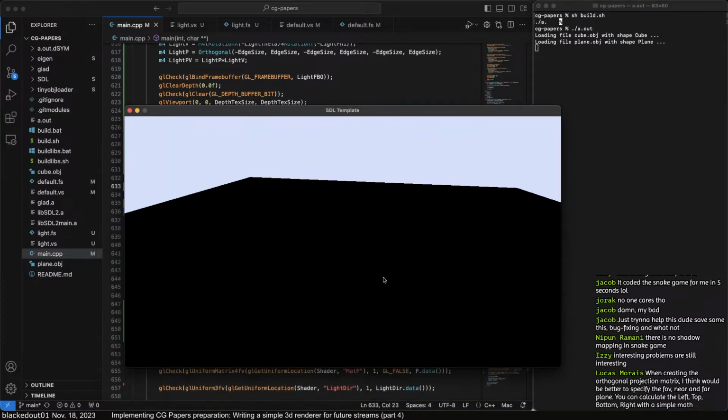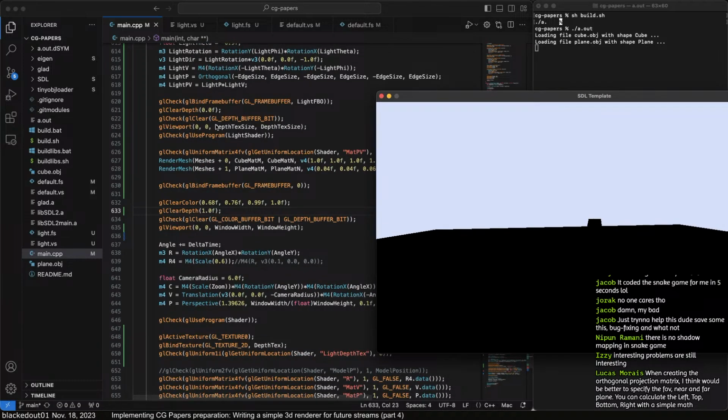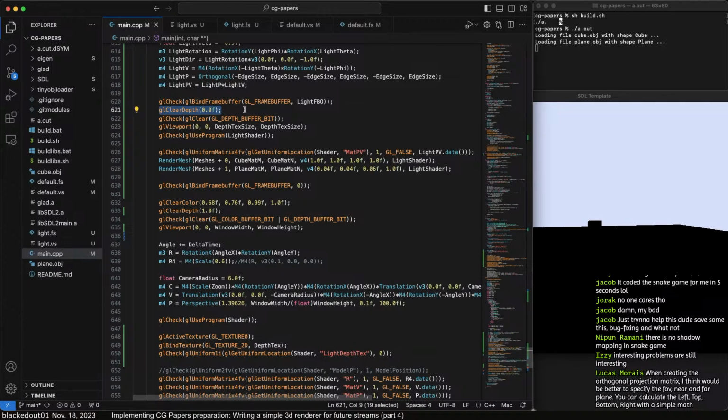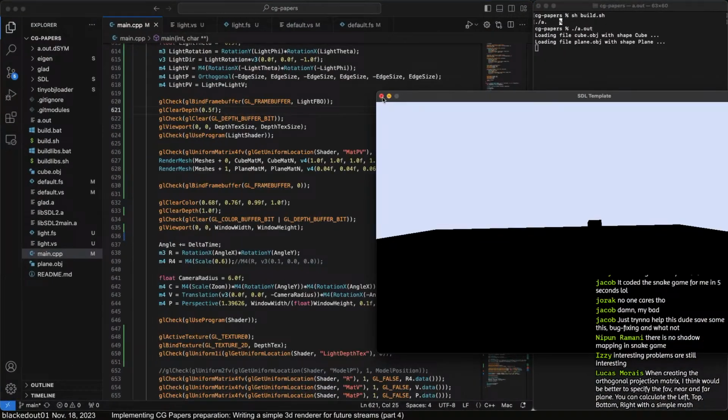Yeah, okay, so the sampling itself seems to work because, well, if I clear this with 0, then we also see 0. So the texture sampling works. Maybe I can also check 0.5 just to be safe.